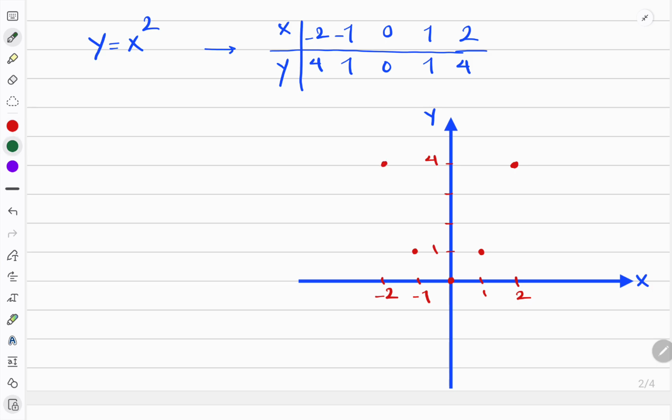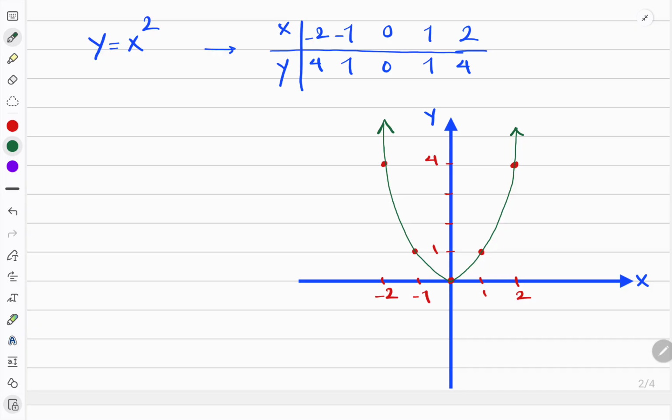And now I'm going to draw a curve that's passing through all of these points. Okay, this is the curve, and this is the graph of quadratic function y equals x squared.